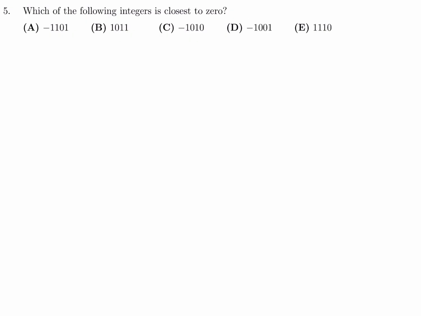Which of the following is closest to 0? We draw a number line, and then on this number line, let's label these with the 0 being right here. Minus 1101, somewhere out here. Minus 1010, a little bit further to the right. And then minus 1001 is here. And then the plus 1110 would be here, and the plus 1011 would be there.